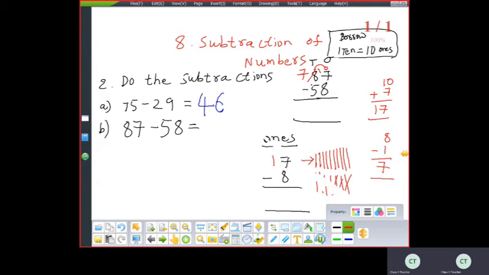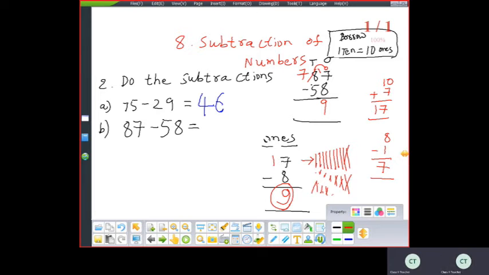From 17 lines we cut 8 lines. Remaining lines are 9. 17 minus 8 is equal to 9. This answer now write in ones place.